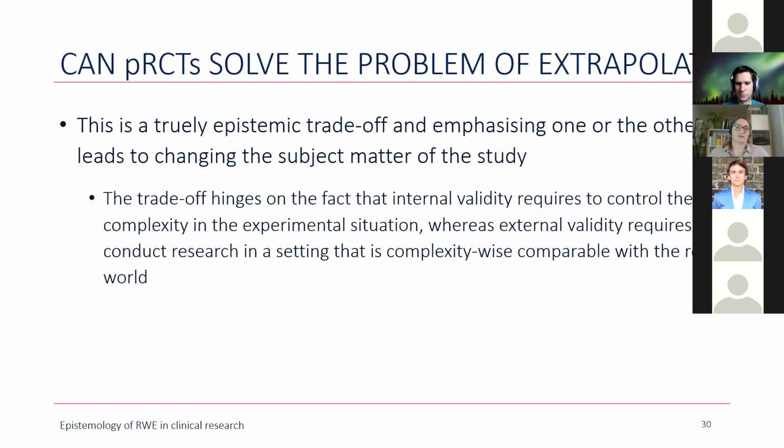Now, I'd like to suggest that this is a truly epistemic trade-off, and emphasizing one or the other leads to changing the subject matter of the study, simply because the trade-off hinges on the fact that internal validity requires controlling the complexity of the experimental situation, whereas external validity requires conducting research in a setting that is complexity-wise comparable with the real world.